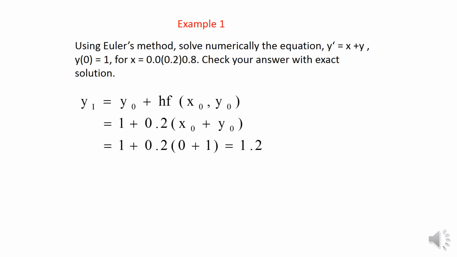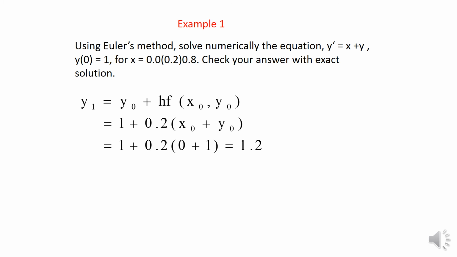So let's see. y1 is equal to y0 plus h f(x0, y0). f(x0, y0) means the value of the function at (x0, y0). So y0 is the initial value, which is given as 1, plus h is given as 0.2, that is the difference between two consecutive values of x, and y dash, which is f(x0, y0), is x0 plus y0, that is given in the question.